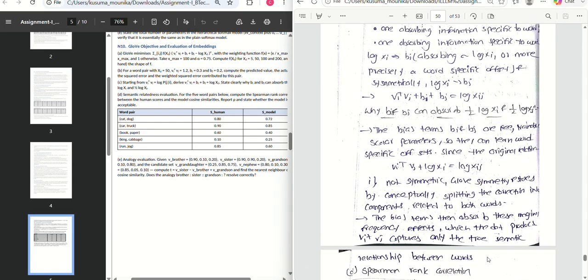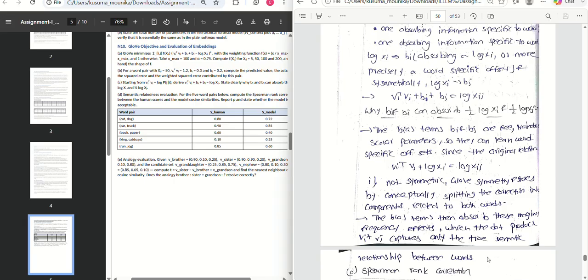additional symmetric formulations. This term is constant and split into two separate bias terms: one absorbing information specific to word i, another one absorbing information specific to word j. This means log Xi maps to bi, absorbing the word-specific offset, and symmetrically log Xj maps to bj, giving the final symmetric form vi transpose vj plus bi plus bj equals log Xij.